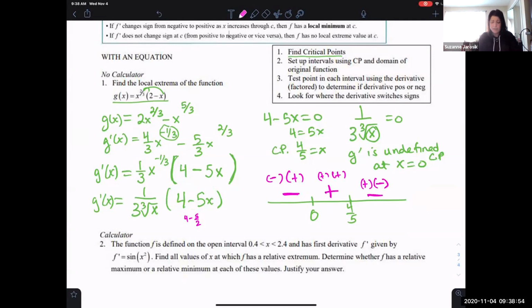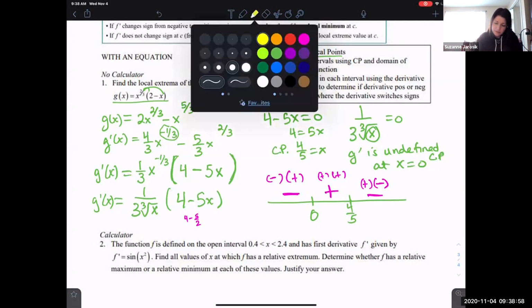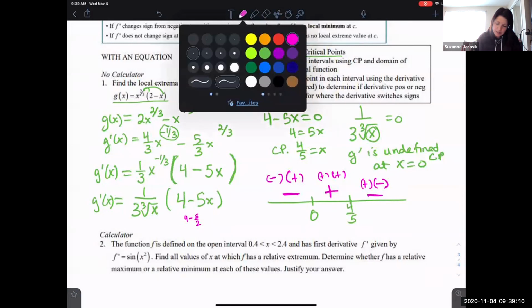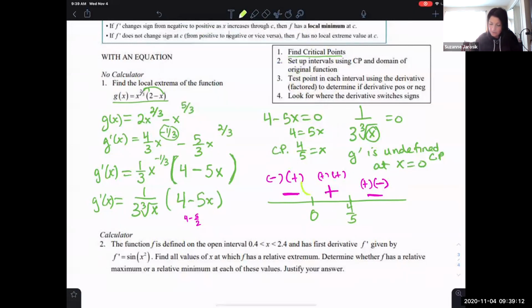What does this mean as far as maxes and mins? Remember, decrease to increase, increase to decrease. If we change from decrease to increase, we're going to have a local min. If we change from increase to decrease, we're going to have a local max.